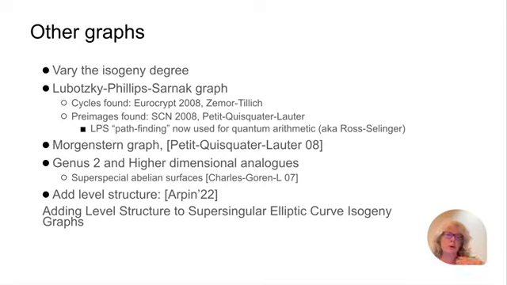Again, it was an example of working in elliptic curve cryptography, and the applications brought us to a lot of interesting questions in number theory, including the hardness of walking around on the supersingular isogeny graph. We also worked on higher-dimensional analogs in 2007, also with Charles and Goren, publishing an analogous paper on the graphs that you get from superspecial abelian surfaces.